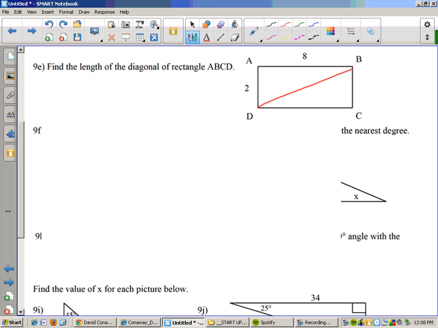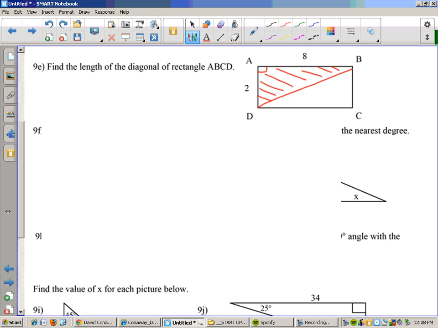What else do we know about them? Equiangular, the one-word definition of a rectangle. I love it. Equiangular, which means all 4 angles are equal. And what's the only measurement that could be for all 4 of those angles? 90 degrees, which what does that create for us? A right triangle. This is a right triangle here.